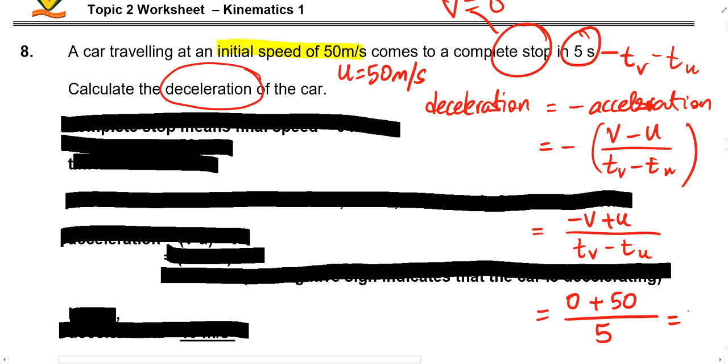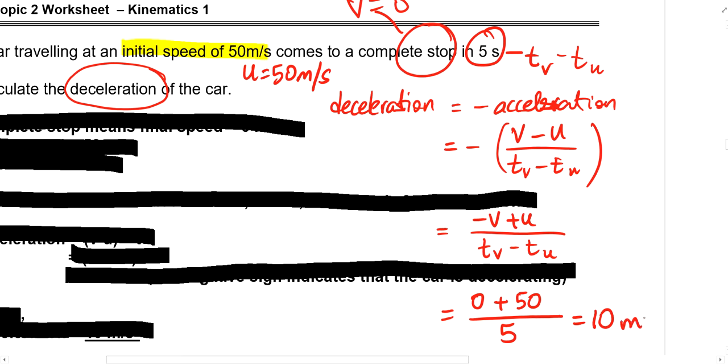So this gives me 10 meters per second squared. Look carefully at this.